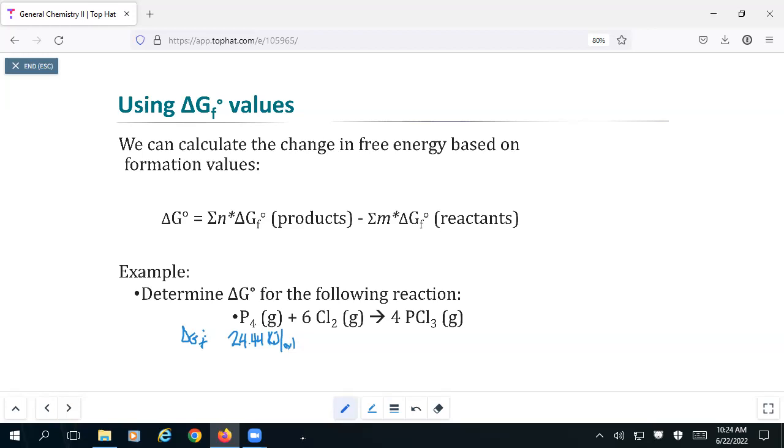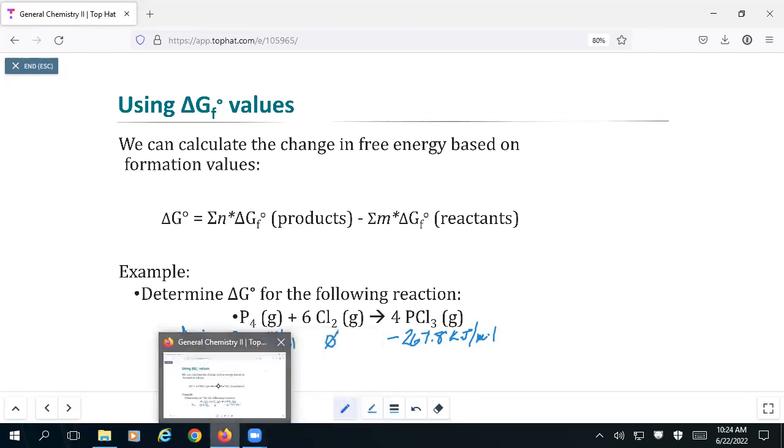Chlorine is an element in its standard state, so its free energy of formation is 0. Phosphorus trichloride in the gas phase, negative 267.8 kilojoules per mole.